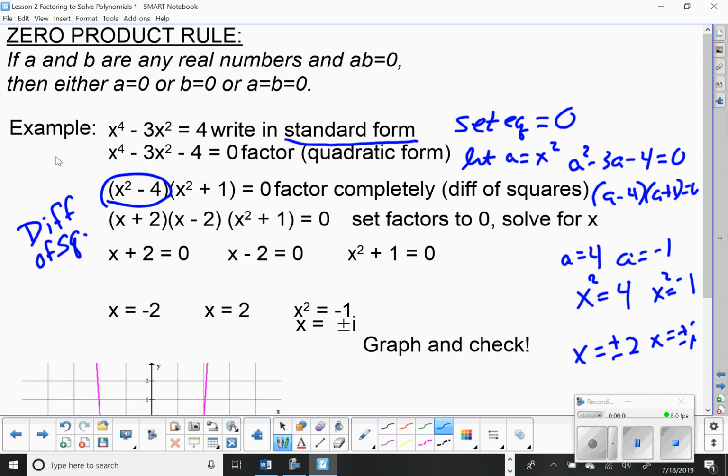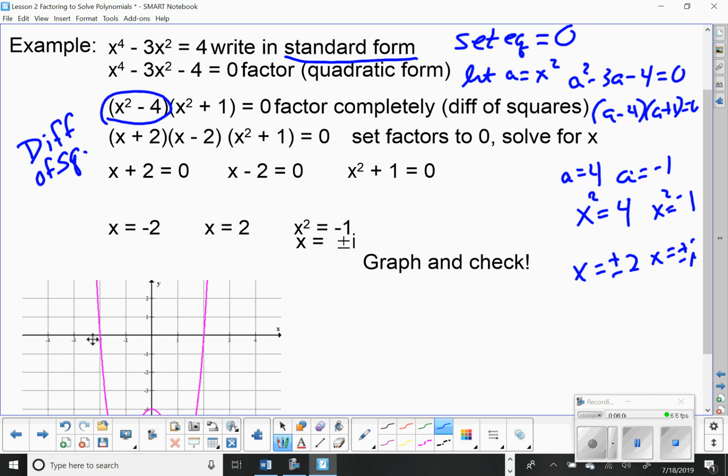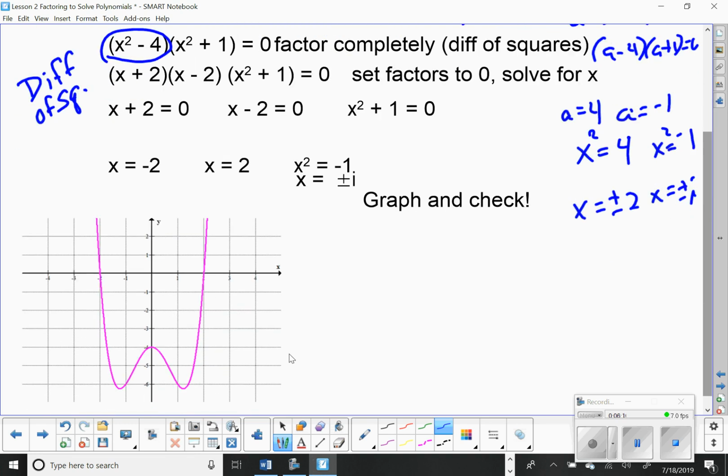It really doesn't matter. Factoring at least has to happen here. Now, when we check it, here it's crossing at negative 2 and positive 2. Can I check the plus and minus i? No, but I can see that it's got two relative minimums and a maximum. So someplace in here, we've got our imaginary solutions.